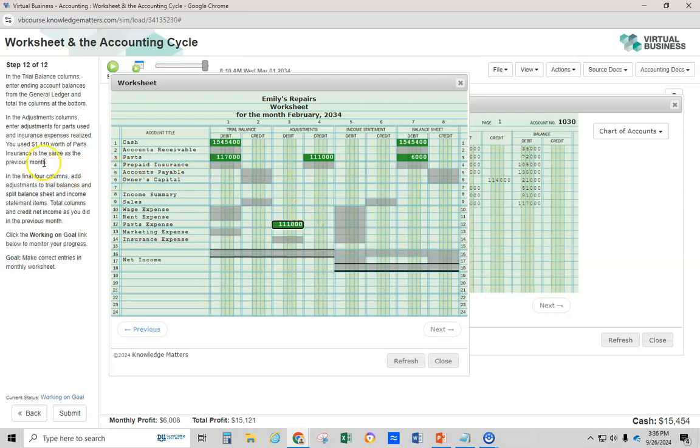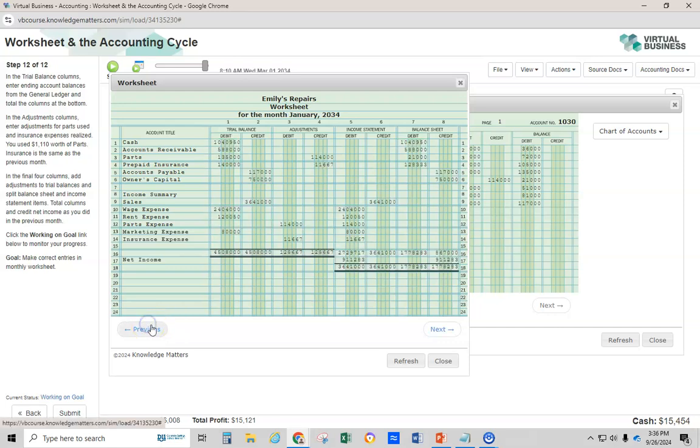What about insurance? Insurance is the same as the previous month. So when they say the previous month, we're going to go like this. Previous. Let's go see what our insurance we used up: $116.67.